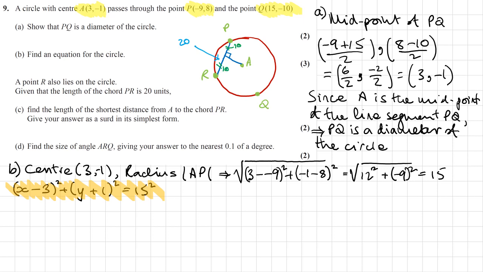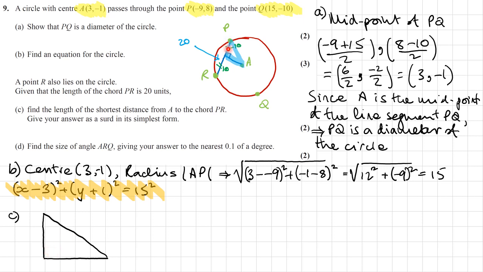And my job now is to work out the length of this bit here. Now I could actually zoom in a bit so that we can see what's going on here. Let me highlight it in a different colour, like this. I've basically got a right angle triangle here. Let me draw the right angle triangle like this. The right angle there is going to be this right angle down here.